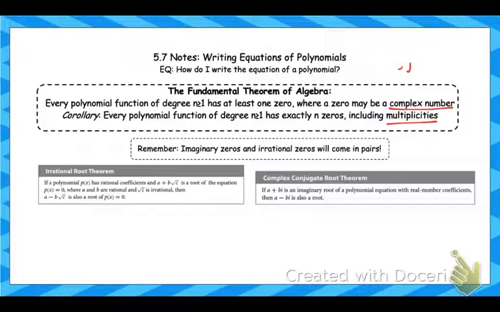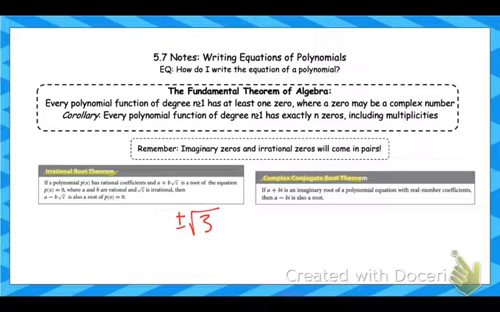Now, another thing that you may have noticed this year, but we haven't really explicitly said it yet, is that imaginary zeros and irrational zeros come in pairs. These two theorems are listed down here at the bottom if you want to see the technical terminology for it. But basically, every time we took a square root, we always put plus or minus, because it's always plus or minus the square root of 3.